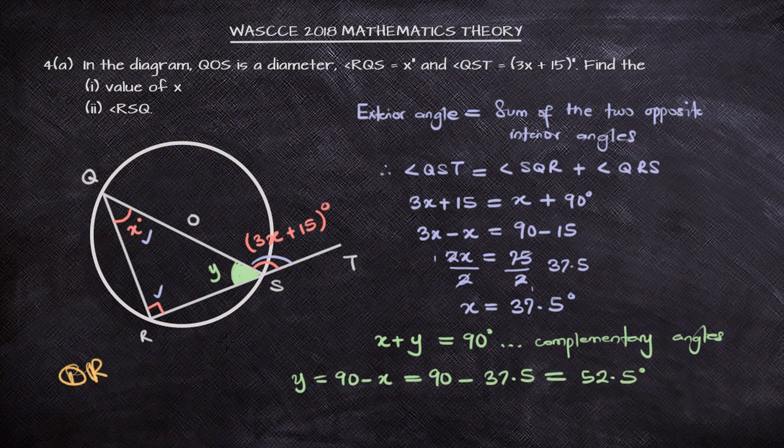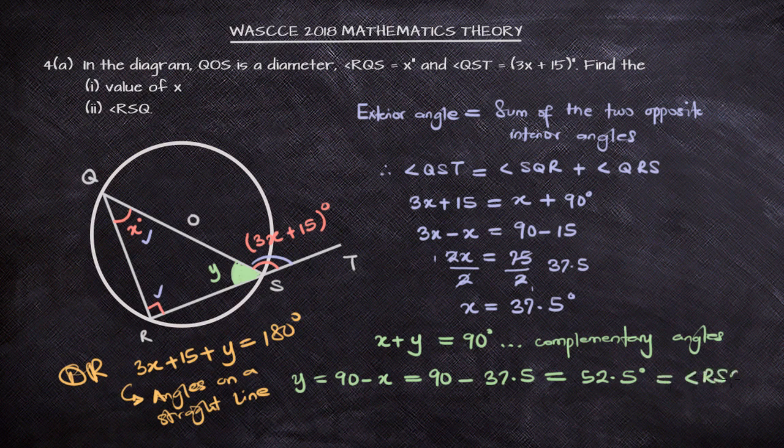So I can say from the line RST, 3x plus 15 plus y is 180 degrees. And that's because that's the sum of the angles on a straight line. And I will still get the same solution to the problem.